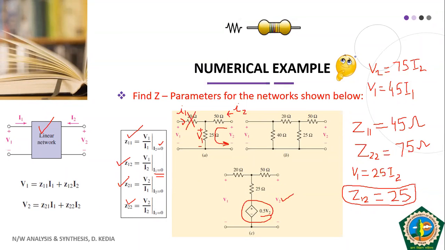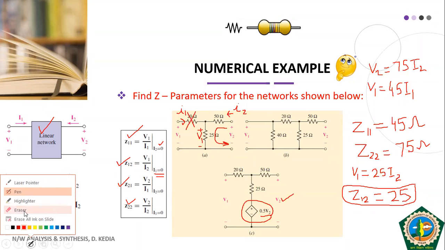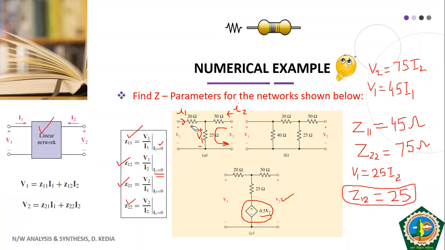Now finally, let us calculate Z21. In order to obtain Z21, what we want is V2 upon I1. We have to make I2 0. For I2 equal to 0, this resistance will not be there in the picture. Now the voltage drop across 25 will be V2, because there will be no drop across 50, this V2 will come here.